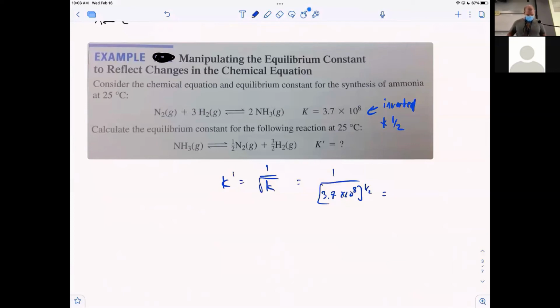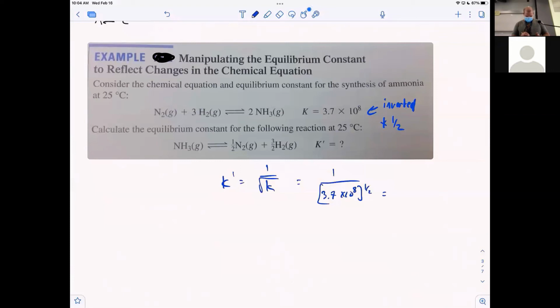Oh, the numbers changed in this edition. All right, I'll calculate it on my calculator. I didn't realize that. So anyways, 1 divided by 3.7 exponent 8. I have a free calculator, so I have to look at the ads.